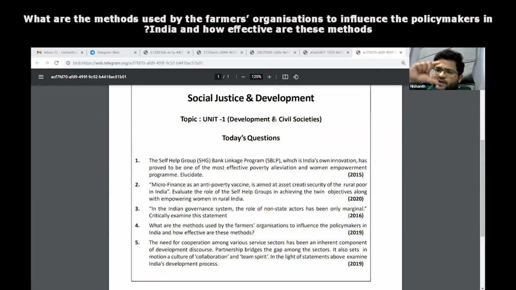And then there is the first part of the question. How effective were these methods? Sometimes those were partly successful. Not every time were farmer unions completely successful, but you can give the example of the recent long protest against the farm bills, where the protest went on for months and finally the union government had to yield and withdraw the farm bills.